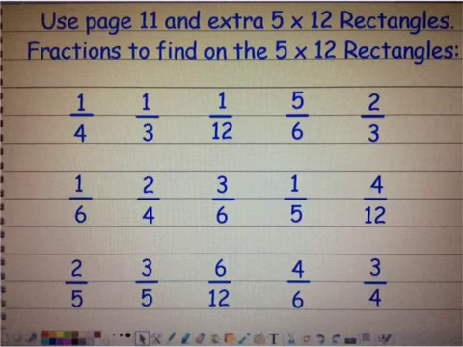All of these fractions should be helpful later, so make sure you keep them and make sure that you label them. So go ahead and pause your video right here so that you can see the different fractions you'll be doing, and open your binder to page 11 and start working on this.